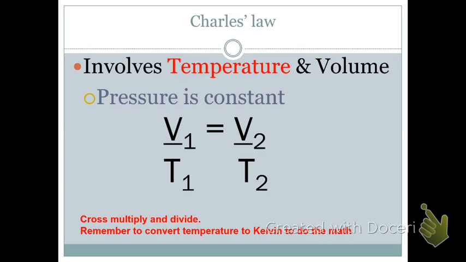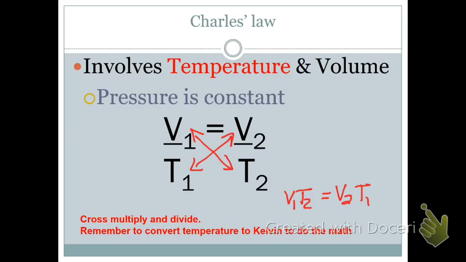So in Charles's law, what we're going to be doing today is cross-multiplying, which is what you do when you have two fractions or two ratios and you need to turn it into a linear equation. When we do that cross multiplication, we wind up with V1 times the second condition of the temperature is equal to V2 times the first condition of the temperature.